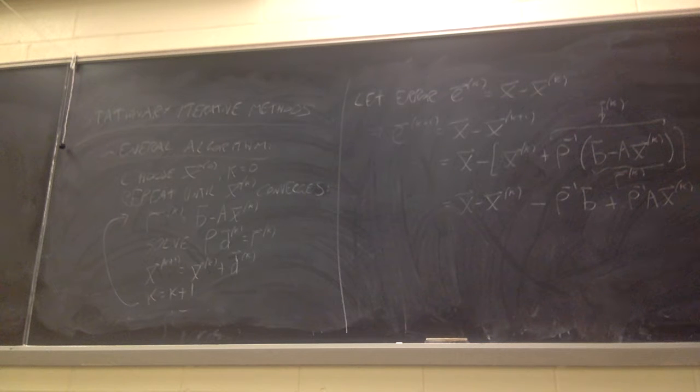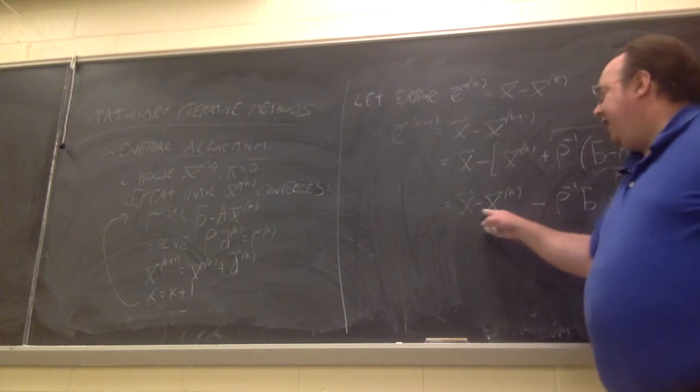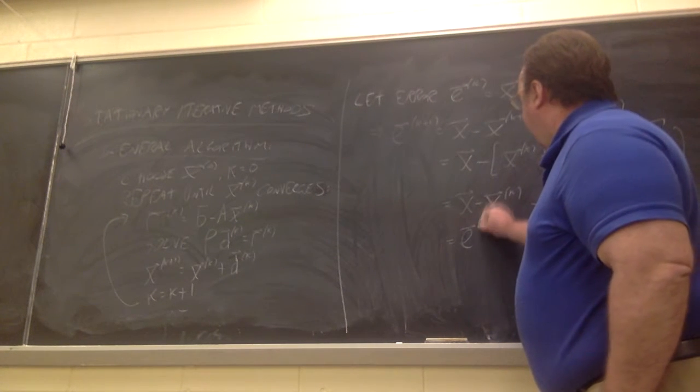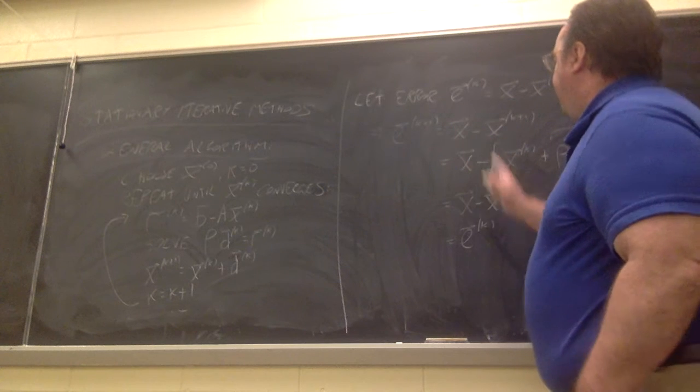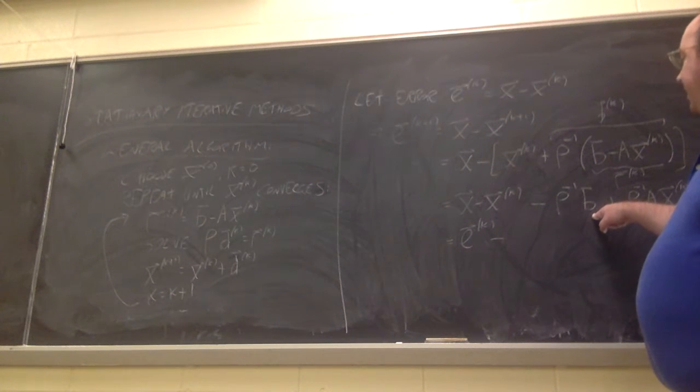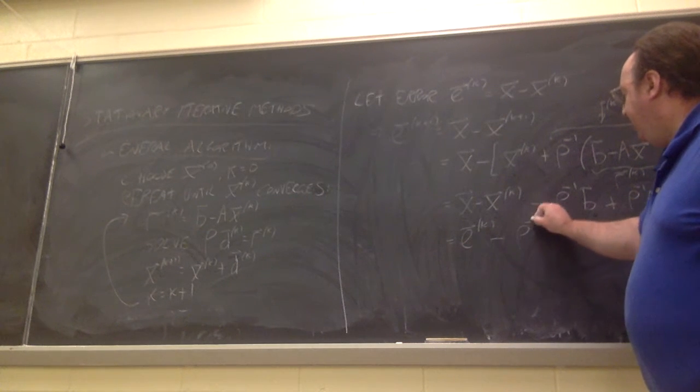Now, x minus xk is ek. That's good, because I do want a relationship between ek plus 1 and ek. But now I've got to sort out the rest of this. Now, b is the same as Ax.